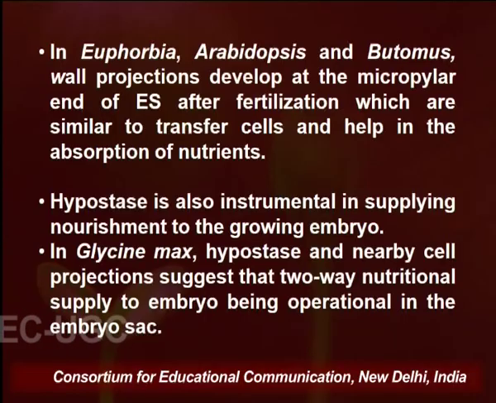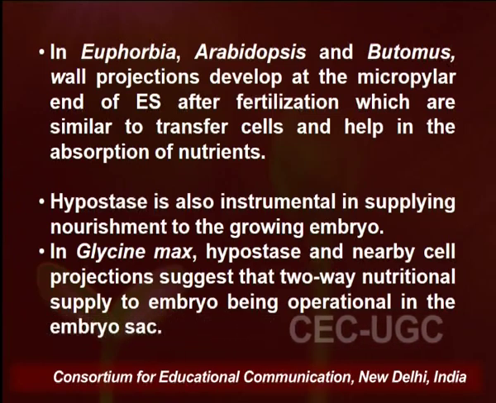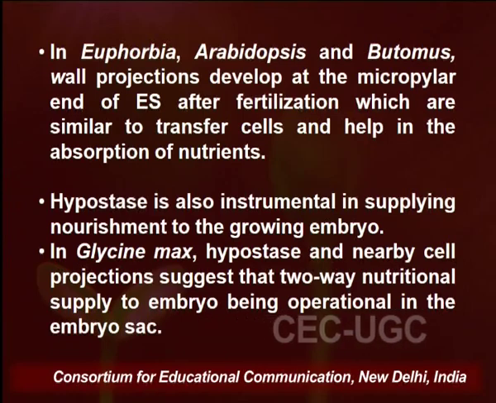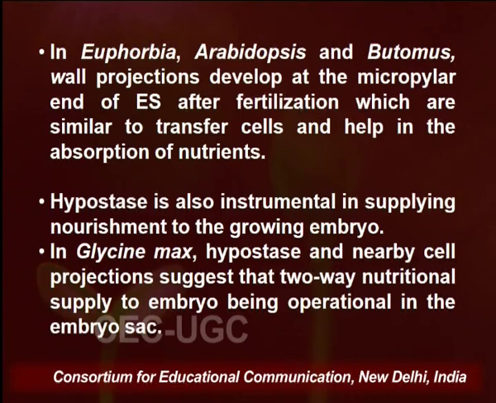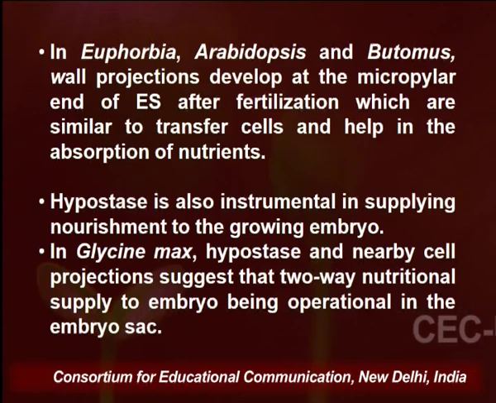In Euphorbia, Arabidopsis and Butomus, wall projections develop at the micropylar end of the embryo sac once the fertilization is over, and these wall projections are similar to transfer cells, and of course their function is to help in the absorption of nutrients. If you would recall, when we were talking about the structures of ovule, we did talk about epistase and hypostase.